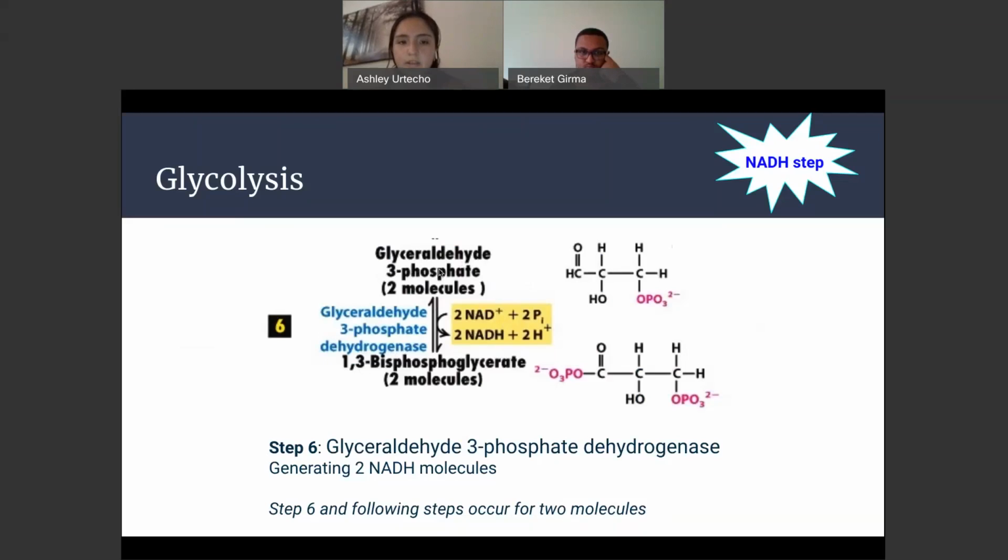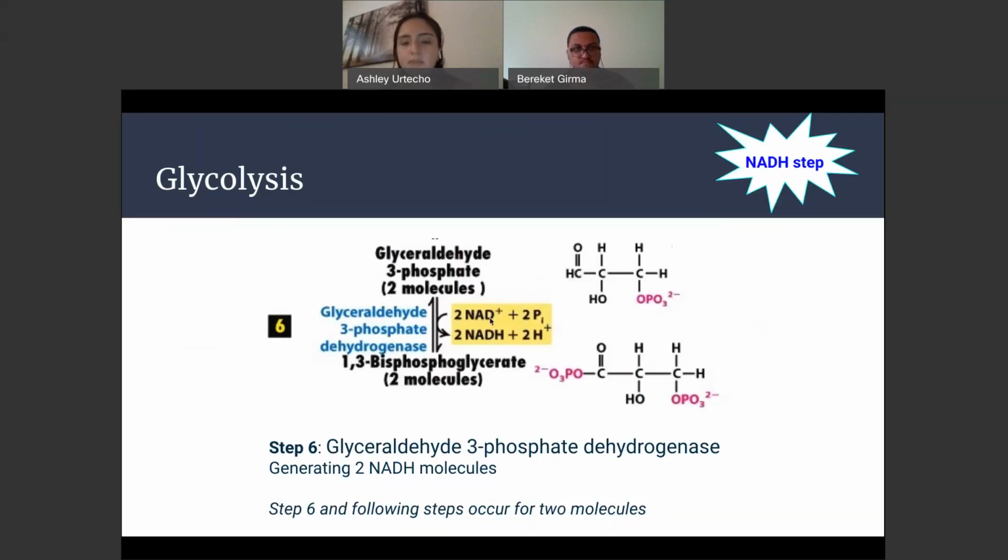So G3P is being oxidized because this hydrogen is being removed by the dehydrogenase, right? Once we snatched the hydrogen out from G3P, we need something to accept it because we can't just have hydrogen floating around. So this hydrogen will be added on to NAD+, and an inorganic phosphate that's floating around the cell will replace that hydrogen.